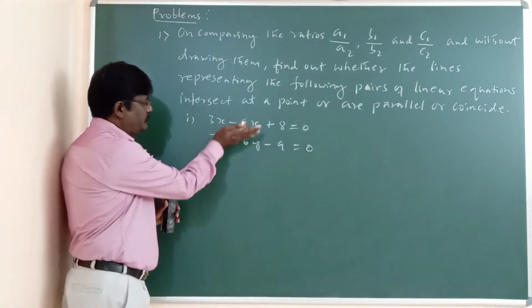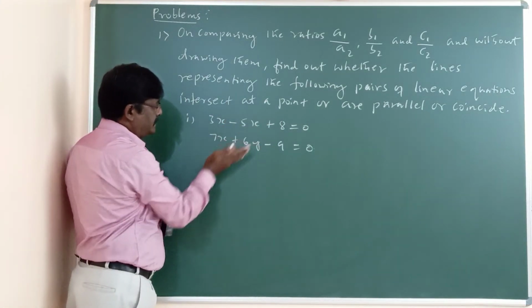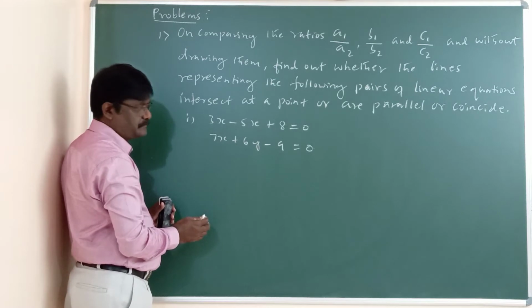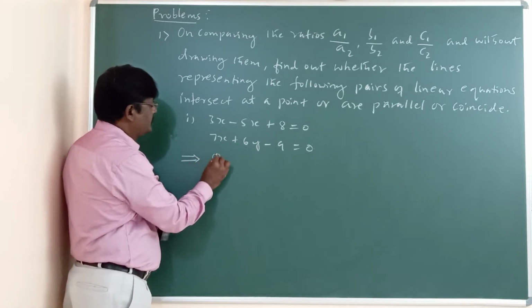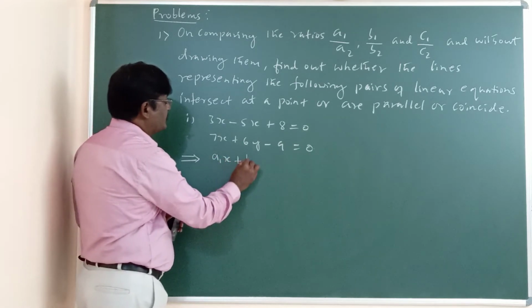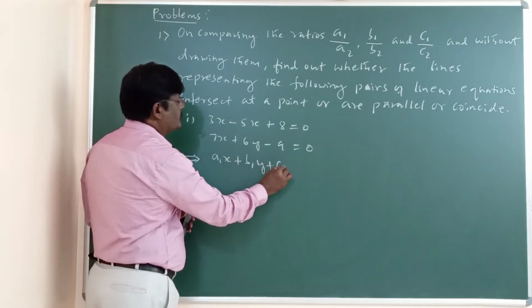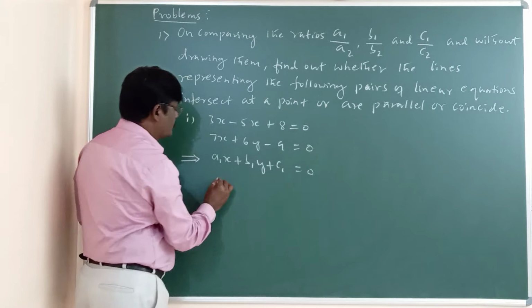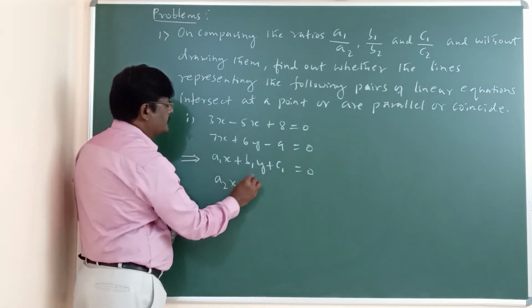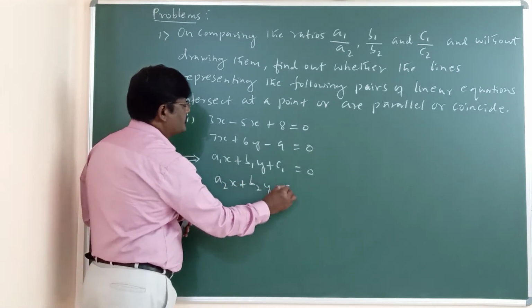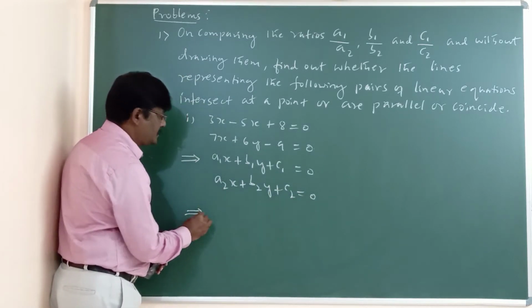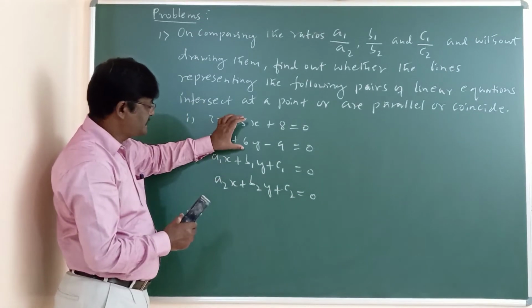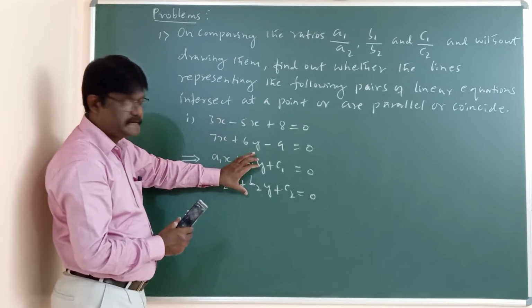Okay, children, now the given set of equations are these two. This implies a1x plus b1y plus c1 equal to 0, a2x plus b2y plus c2 equal to 0. This system represents this.